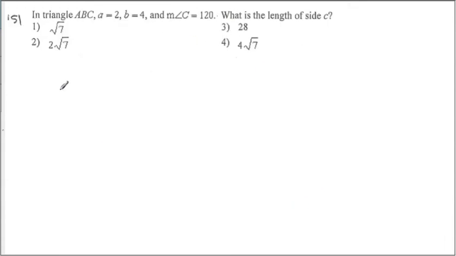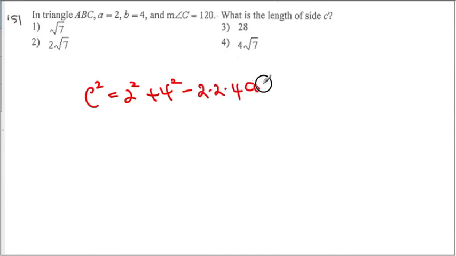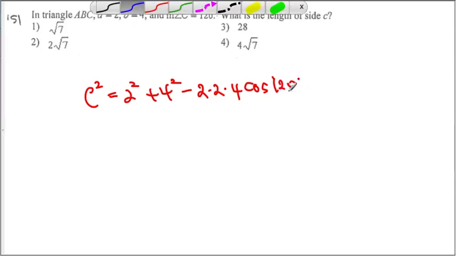So here we have to use the law of cosines once again. c squared is equal to 2 squared plus 4 squared minus 2 times 2 times 4 times cosine of 120. Since cosine of 120 is equal to negative 1/2, this can cancel out with one of the 2's, and it makes this one into a positive.